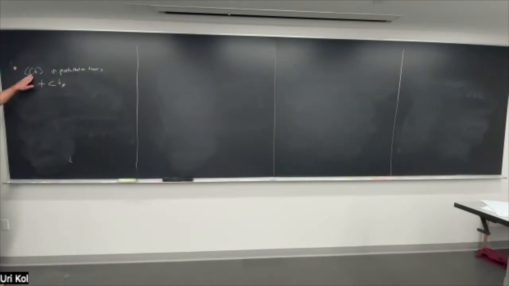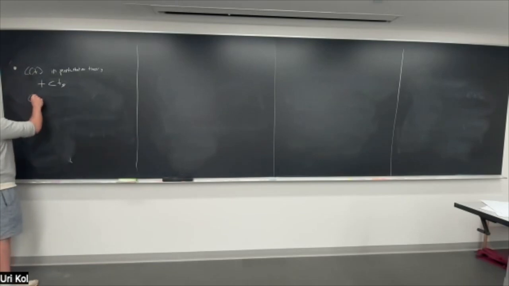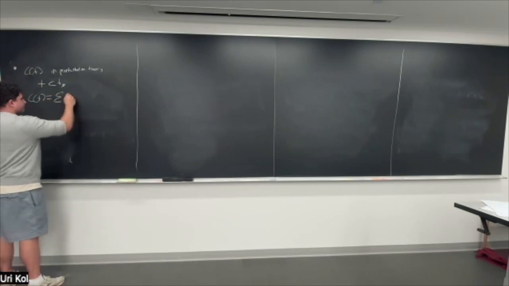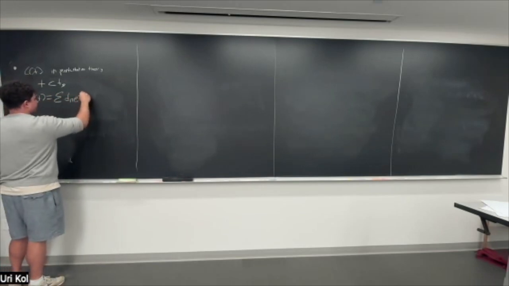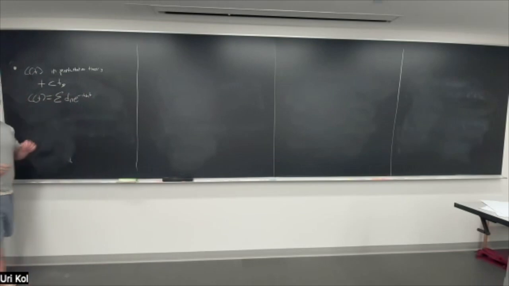So this function has a finite radius of convergence in time. But we can compute it very, very well up to this time t star. And now what we want to do is to fit to a sum of exponentials. But this is the problem we have to solve.